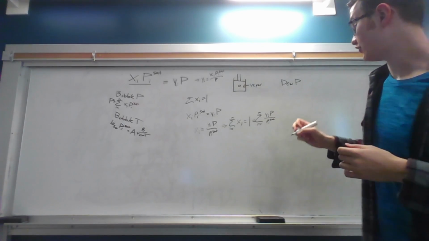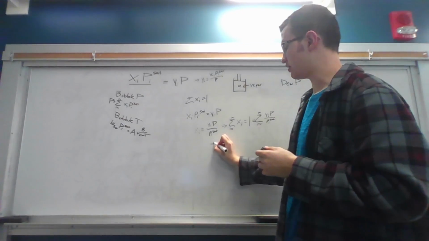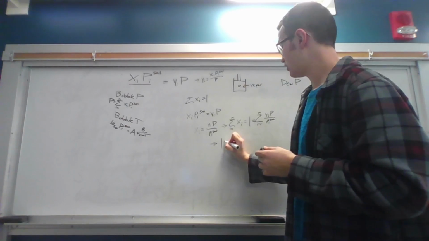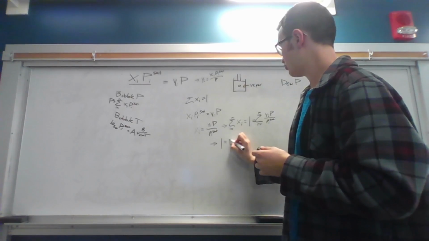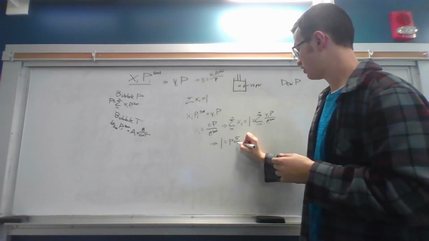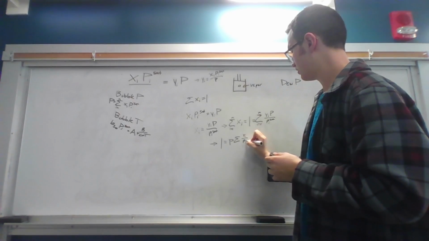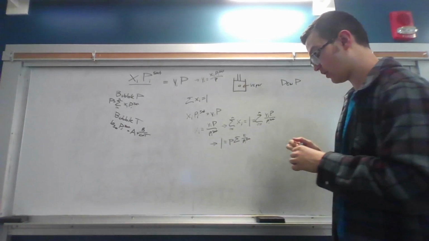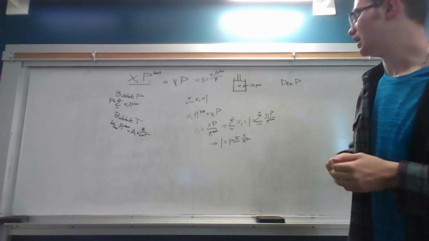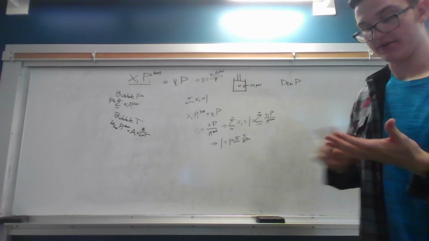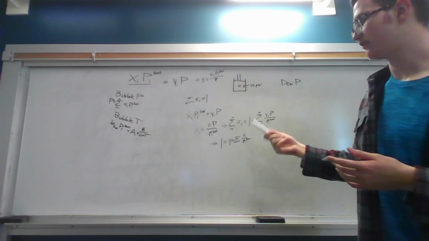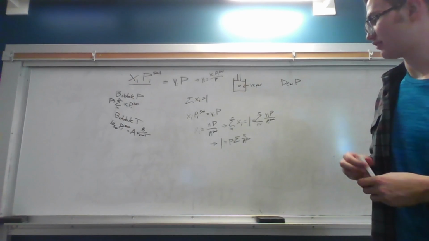We can then take this pressure out, and I'll write it down here: 1 equals P, the pressure, multiplied by the sum of the quotient of the vapor mole fraction divided by the saturation pressure.